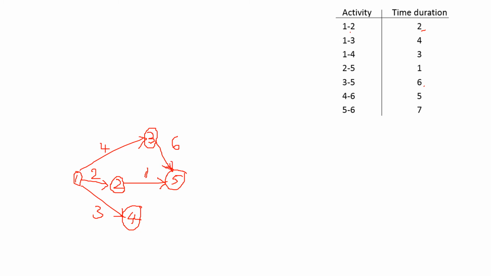Then 4 to 6 it is 5, so one more node, 6, and the value is 5. Then 5 to 6 it is 7. So 5 to 6, 7.